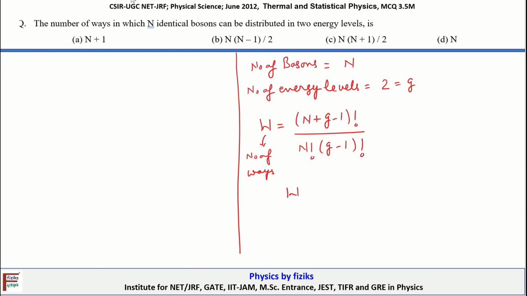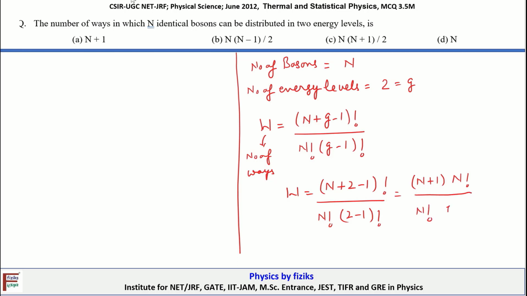So for the present situation we have (n plus 2 minus 1) factorial divided by n factorial into (2 minus 1) factorial. This is equal to (n plus 1) into n factorial divided by n factorial into 1 factorial. So n factorial cancels, and W is equal to n plus 1. So this is our answer. Therefore the correct option is A here.